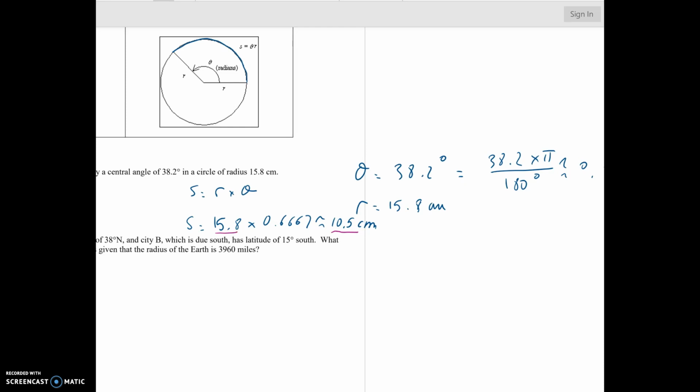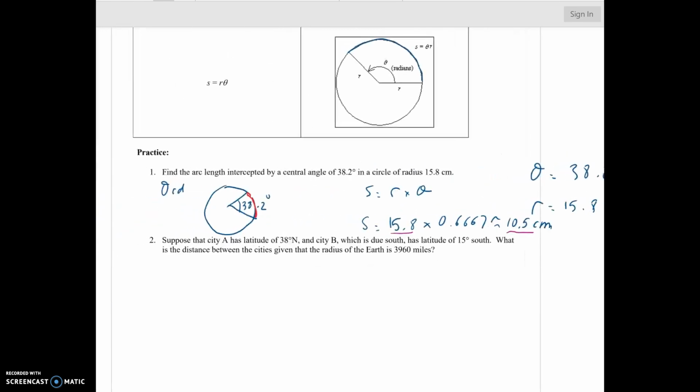Theta right now is 38.2, but I'm converting theta into radians, so theta becomes an intermediate calculation. Therefore, I need to take all the numbers that my calculator gives me. So the reason why I'm sticking to 3 significant digits is because we have 3 significant digits for the value of R.